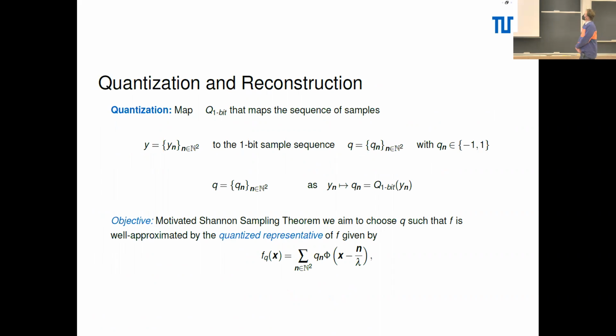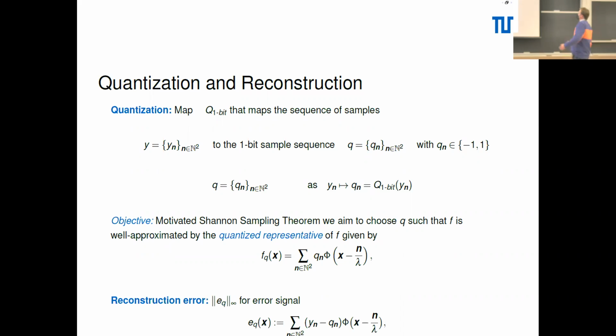So the quantization map. Now what we want to do with this is take this representation and quantize it, in the sense that we want to map the sequence of samples that we've just seen, as is completely representing the function, to a sequence of quantized samples in -1, 1. So the objective is, okay, why are we doing this?